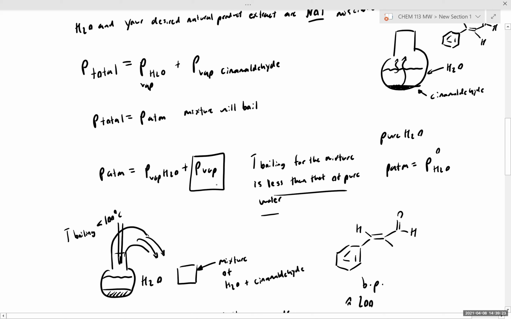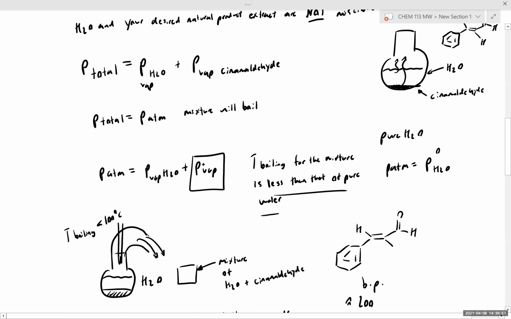And because we have this other component exerting a vapor pressure, inherently a lower temperature is required to reach the boiling point. Does this sound familiar from 102? Does that idea make sense? Because we have two components contributing a vapor pressure, inherently the boiling point will be at a lower temperature for this mixture than pure water.